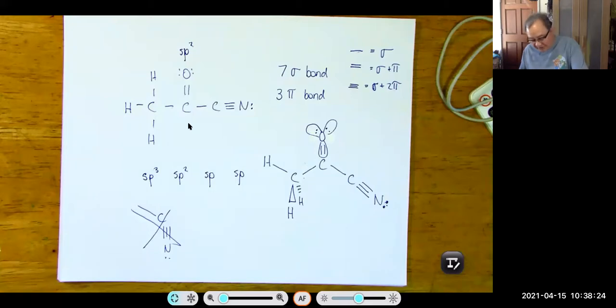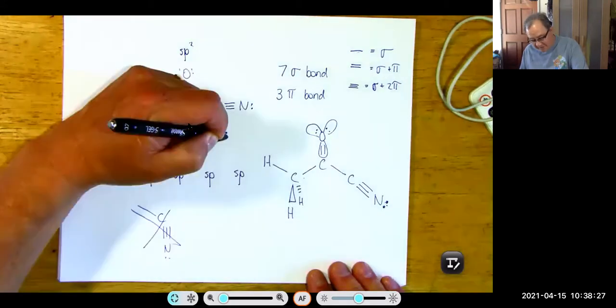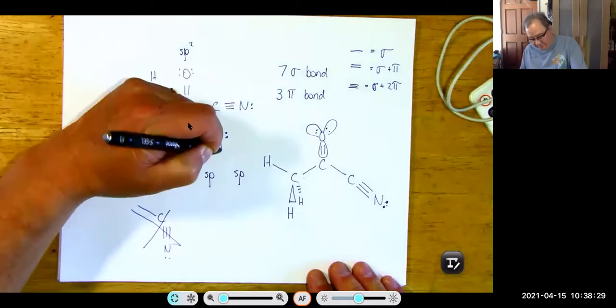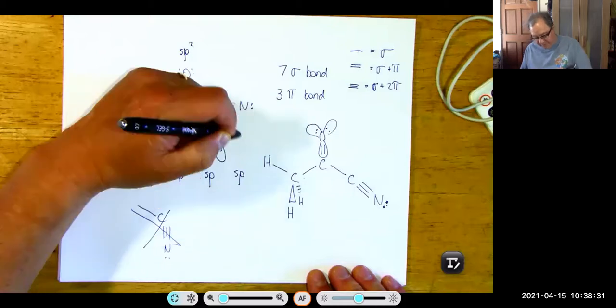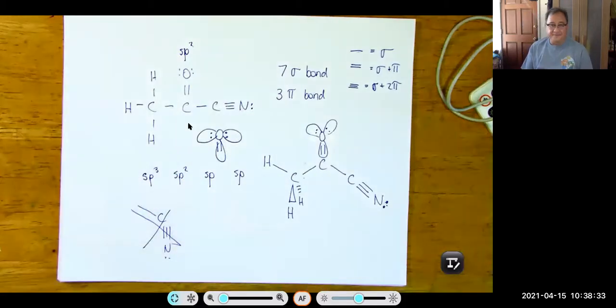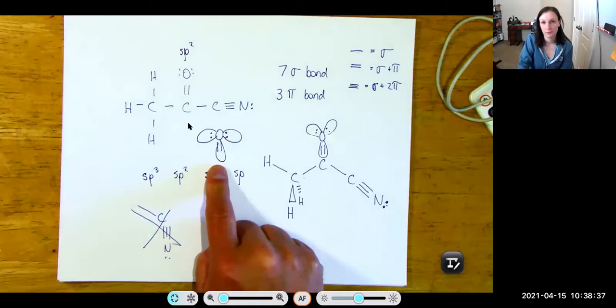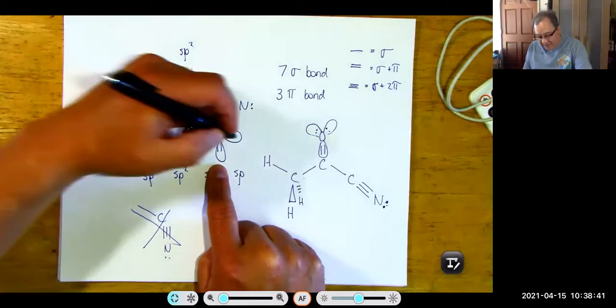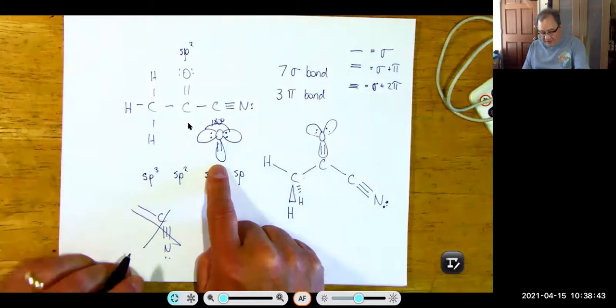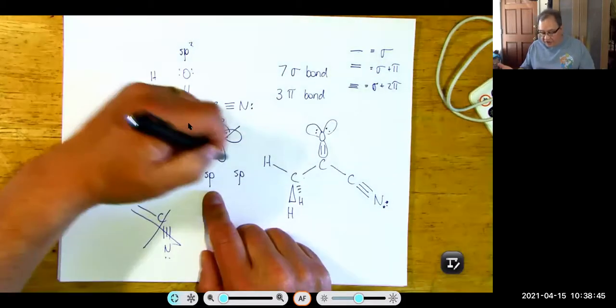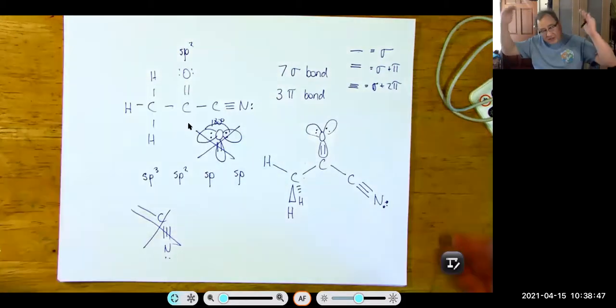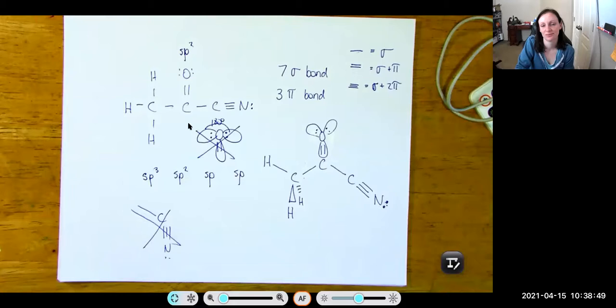If I do this, does that look trigonal planar? No, oh, because that's 180 degrees, right? Yeah. So that's why in a lot of these drawings you see the dots kind of askew, because it's showing the orientation.